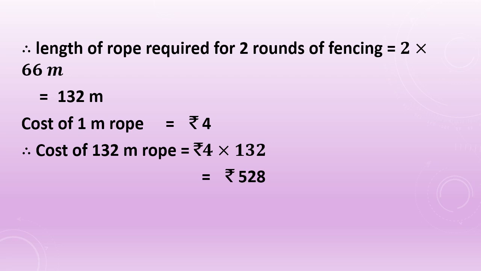Now we have to find the cost of the rope. So cost of 1 meter rope equal to rupees 4. Therefore the cost of 132 meter rope equal to rupees 4 multiplied by 132, which gives rupees 528.